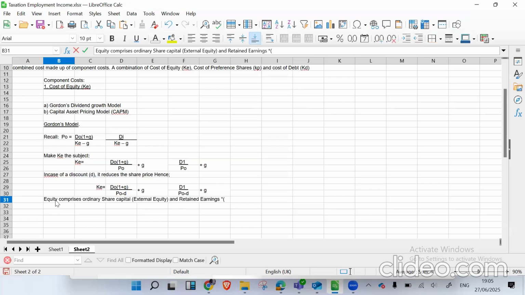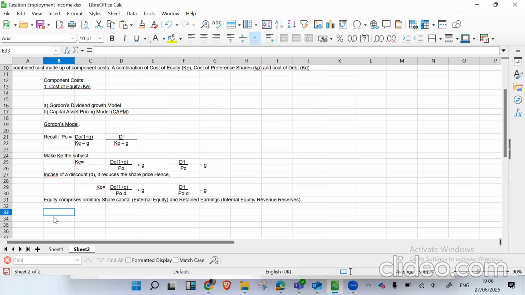So retained earnings is internal equity. Sometimes inaitwa pia revenue reserves. So retained earnings pia zinaitwa revenue reserves. So equity comprises ordinary share capital and the retained earnings stroke internal equity ama revenue reserves.